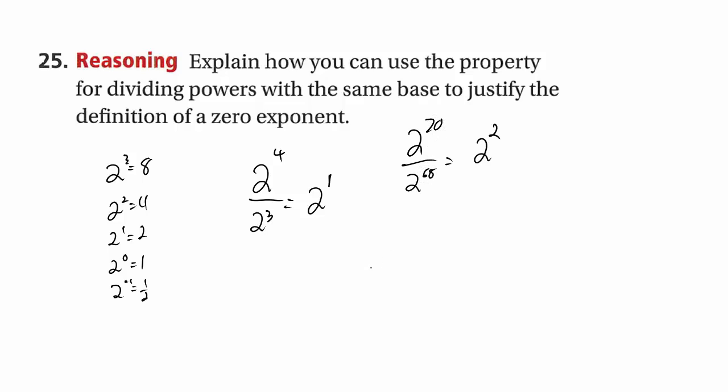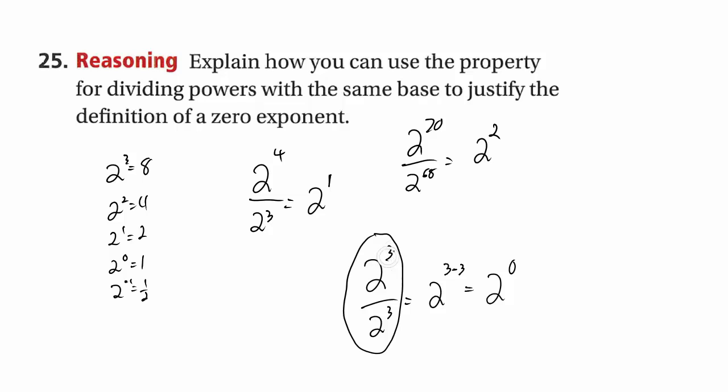Say you have 2 to the 3rd over 2 to the 3rd. We know that when you're dividing two powers that have the same base, you subtract: 2 to the 3 minus 3. So if you did the shortcut, you get 2 to the 0, but what is 2 to the 0? Or if you're dividing a number by itself, we know that 2 to the 3rd is 8, and this is also 8. 8 divided by 8 is 1.